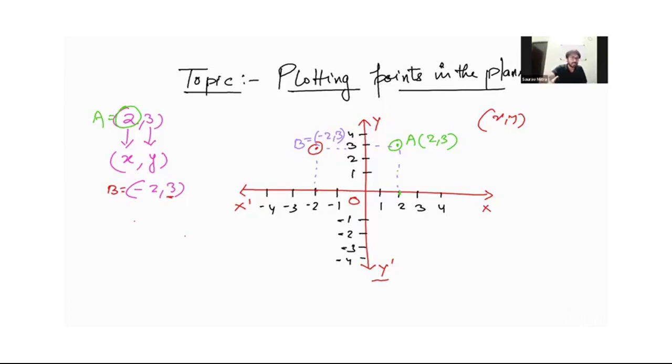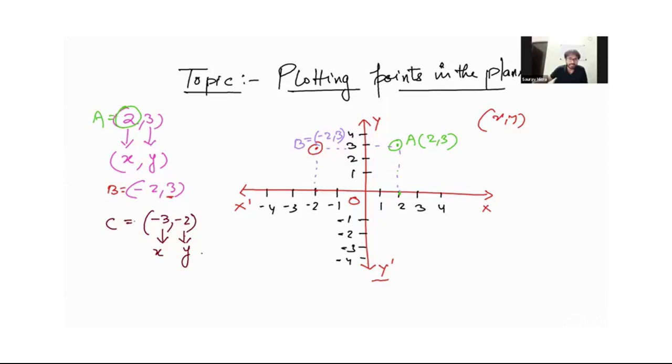Now if they ask you to plot, let us say, point C as -3 comma -2, it means your first value is always x, and your second value is always y. So we have to draw this on the Cartesian plane. First of all, always come to your x value.